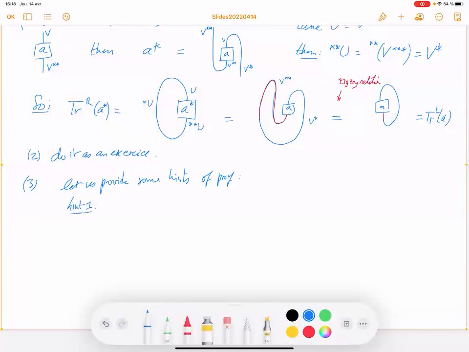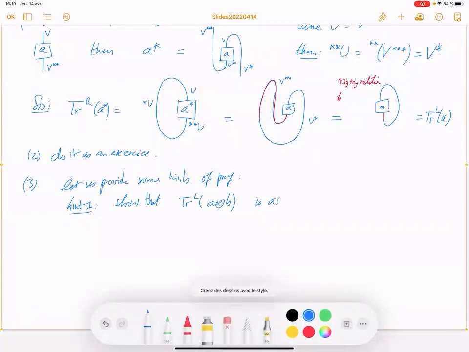In fact, in hint 1, you should show that the left trace of A tensor B is as follows.